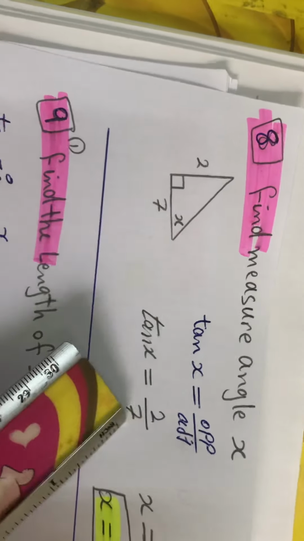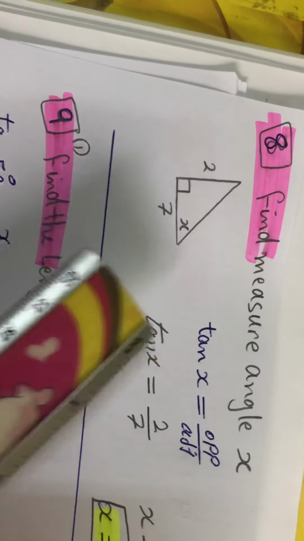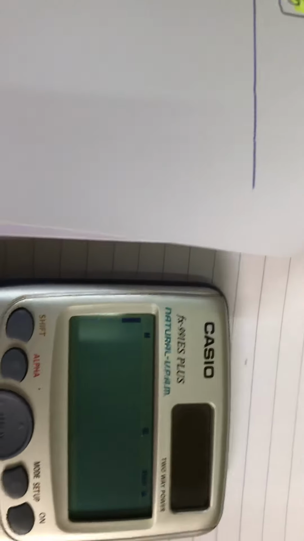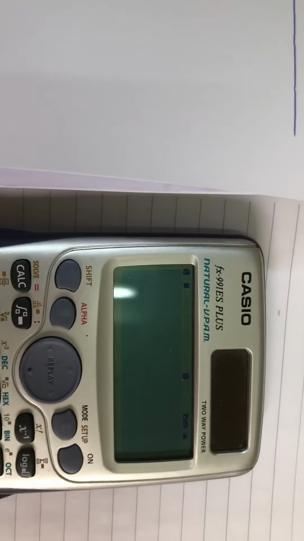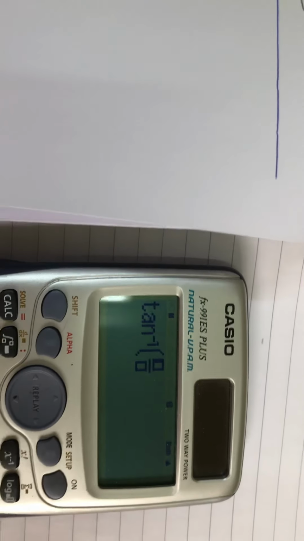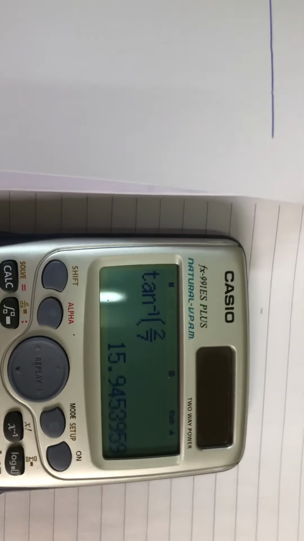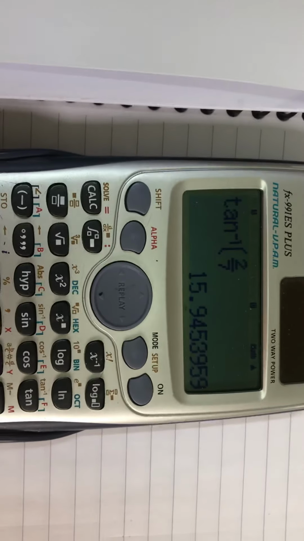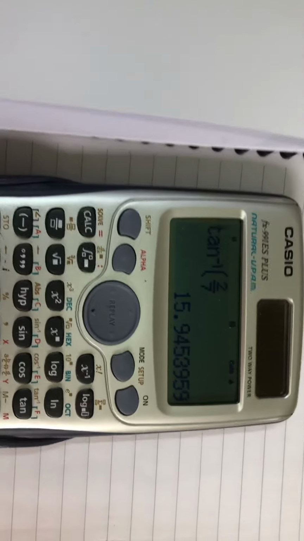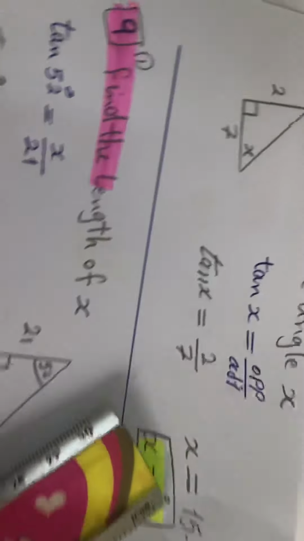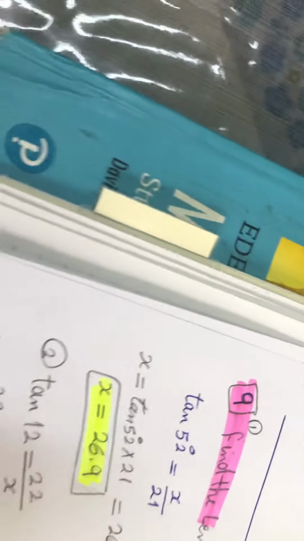Tan equals opposite over adjacent, so tan x equals 2 over 7. How can I get it on my calculator? I press shift, then tan, then fraction 2 over 7, equal. As you see, 15.9. We will take it about 16. Okay.